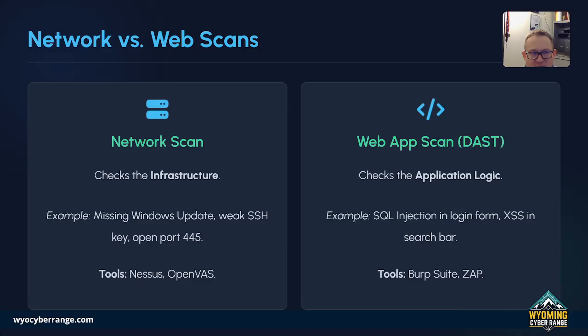On the other hand, we may be using web app scanning. We're going to want to look at the application logic. They don't care about the server operating system. They care if the login is vulnerable to SQL injection or if the search bar is going to allow things like cross-site scripting. Now we use different tools for this one as well. We use tools like Burp Suite and ZAP.